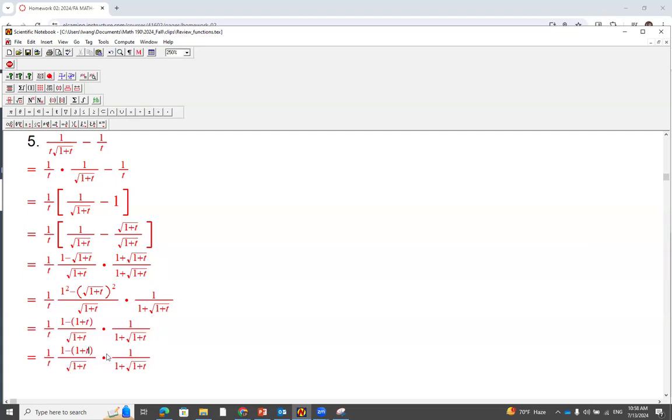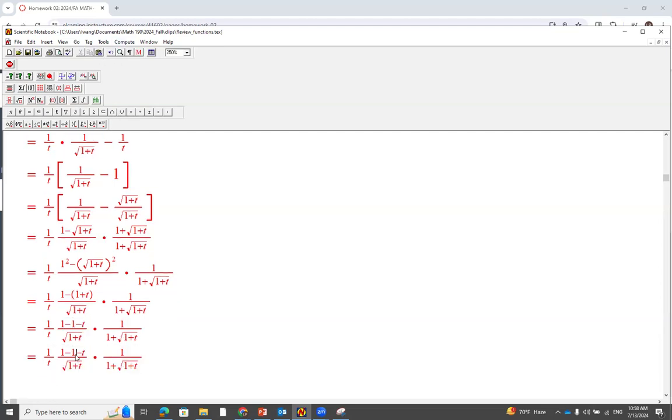We have 1 minus 1 minus t. Now, one more step. 1 minus 1 is gone. We have a negative t here. Negative t and the t will reduce, so we have a negative 1 left.